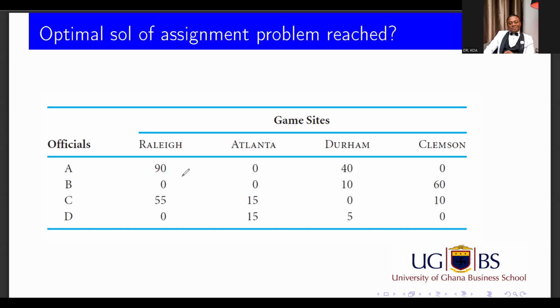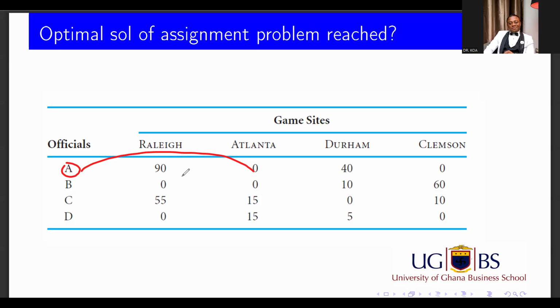No. Because if B goes to Raleigh, A should go to Atlanta, not Clemson. Why should he go to Clemson? Because that's because the mark for D also has a 0 under Clemson, so that one can go there.